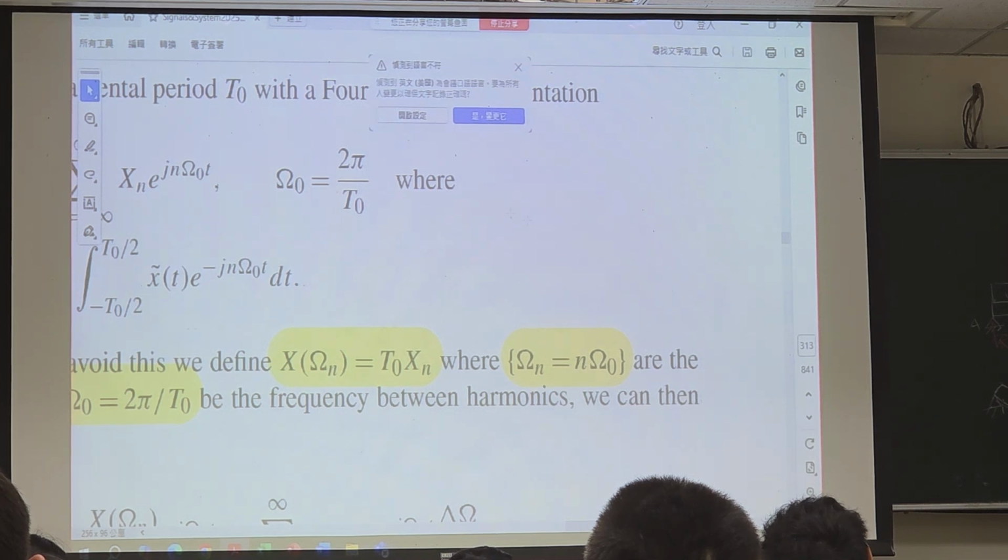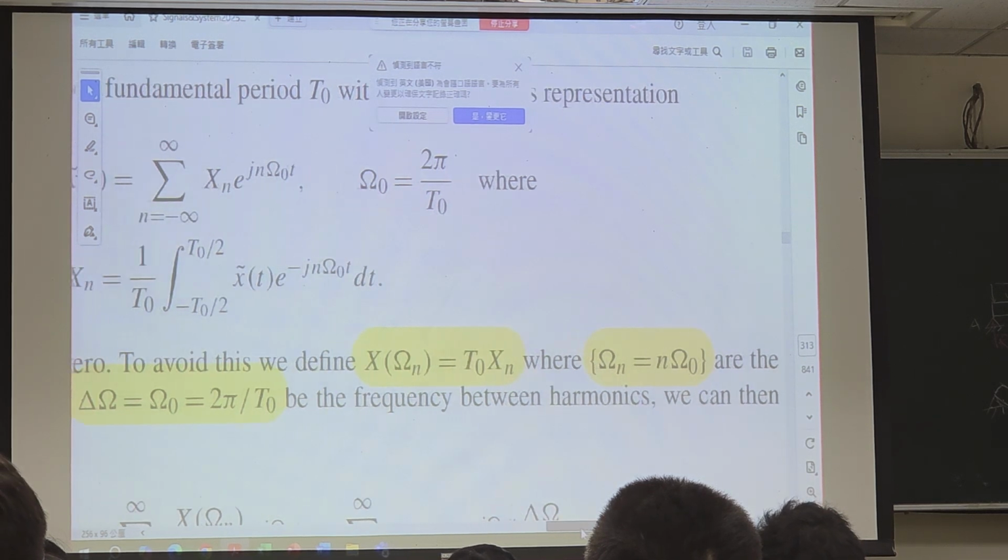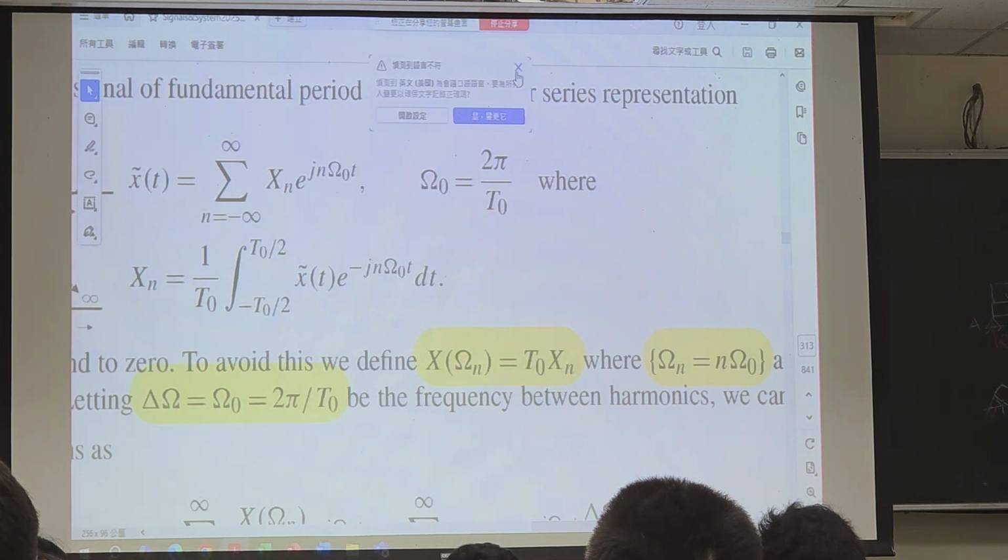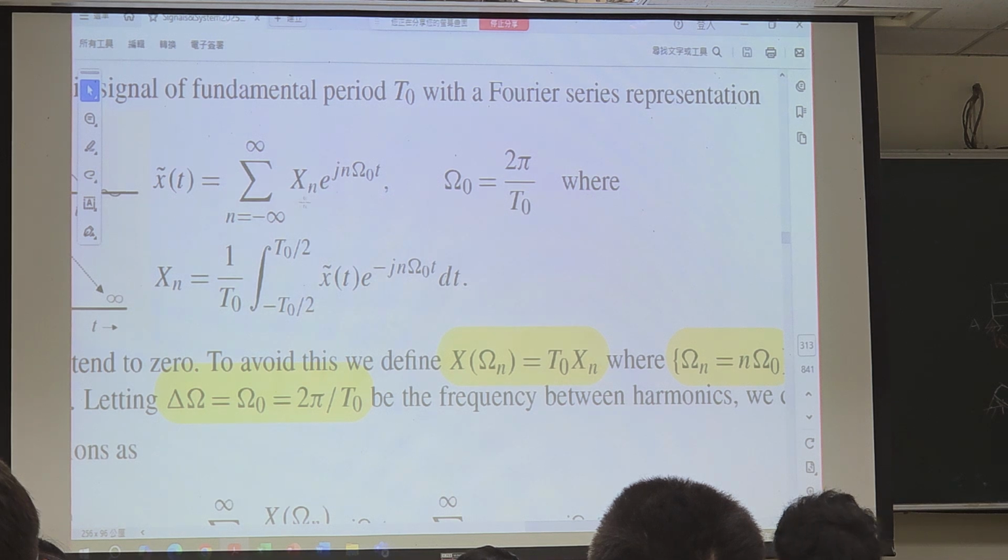If you look at the Fourier series expansion one more time, this periodic function can be written as the summation of x sub n, the coefficient, times the sinusoidal function or complex exponential function. And this x sub n can be determined by the projection of the function onto the sinusoidal function or the complex exponential function.